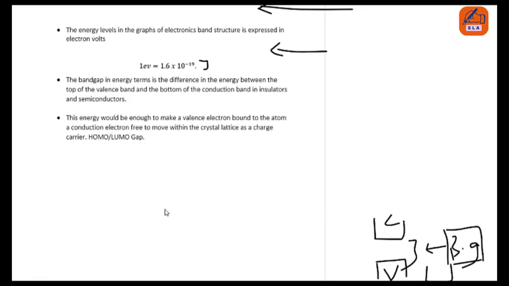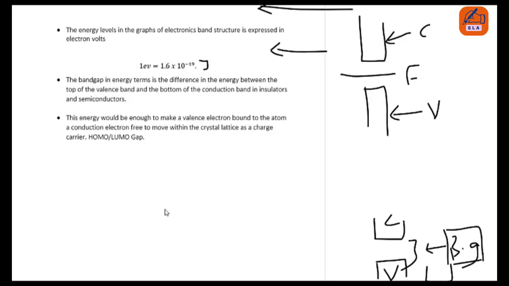Hapa nimemaanisha nini? Hapa nimemaanisha kwamba, let's say a material is semiconductor au insulator, whatever it is, okay? Hapa tuna Fermi level yetu, okay? Hii tunaiita conduction band, hii tunaiita valence band. Tukichukua energy from the top part of the valence band, tuiite V, okay, that energy.